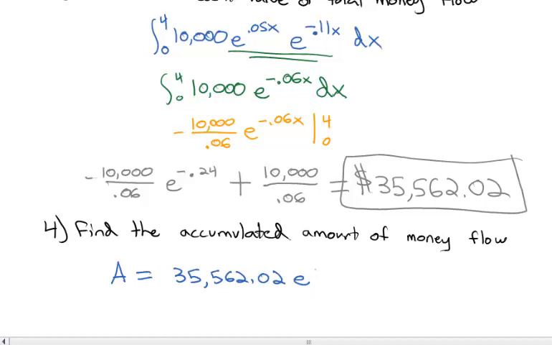We said here the interest rate was going to be 11%. Times the amount of time. We said we were going to do it for 4 years. And so if we take the 35,562.02 times e to the 0.11 times 4, it's 0.44. We get a total accumulated amount of money that we expect in the next 4 years to be $55,217.41.